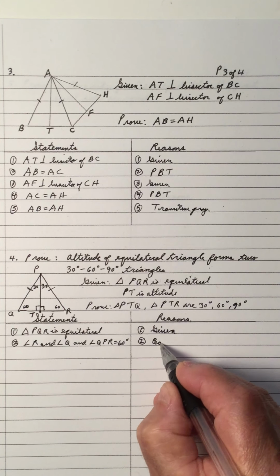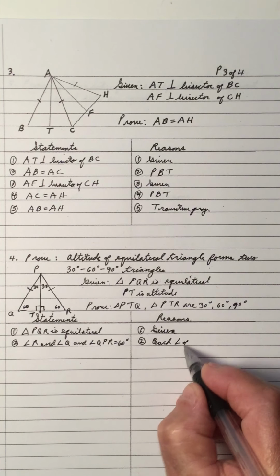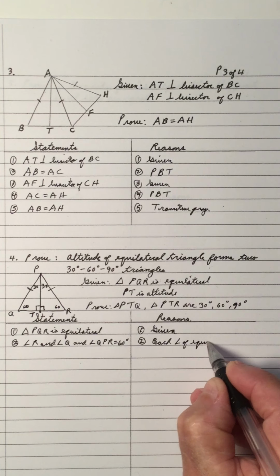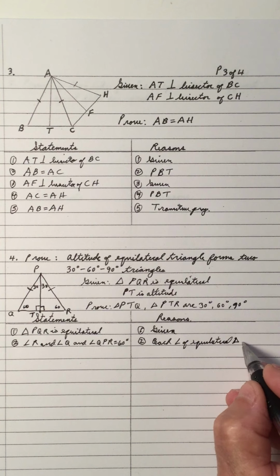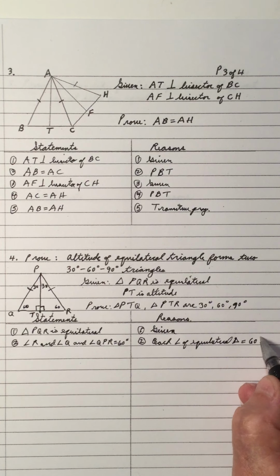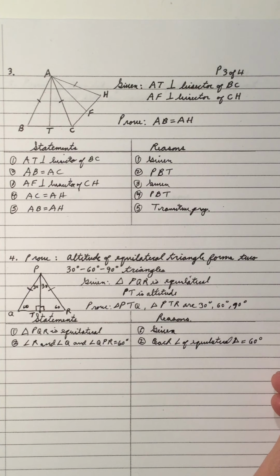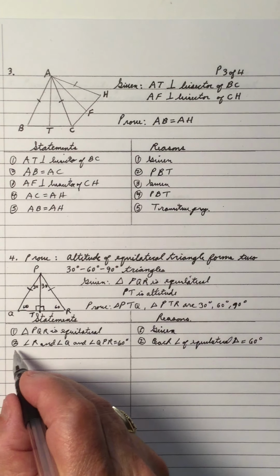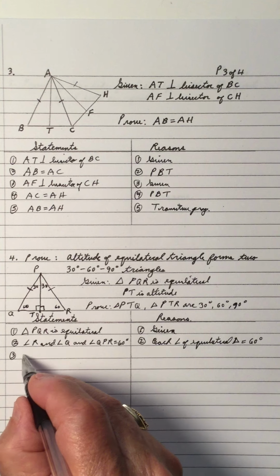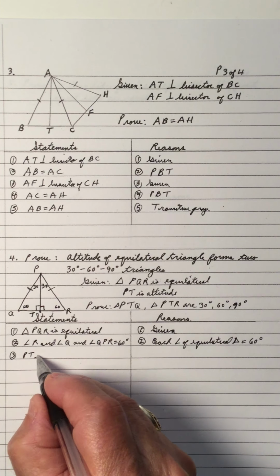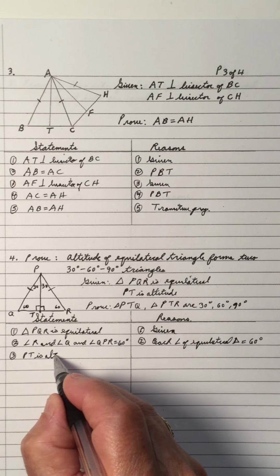Each angle of an equilateral triangle equals 60, as in the previous proof that we did. And so now we have number 3, PT is an altitude.